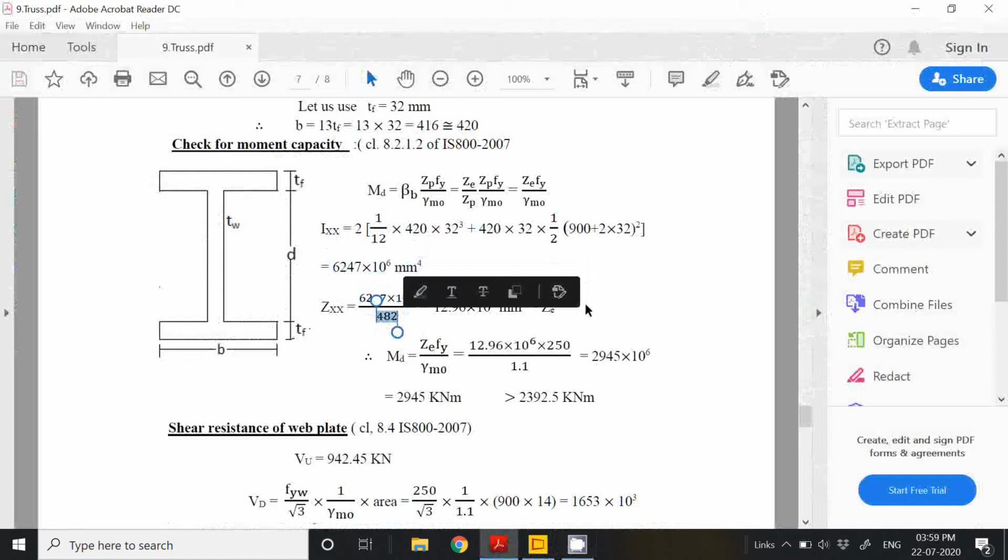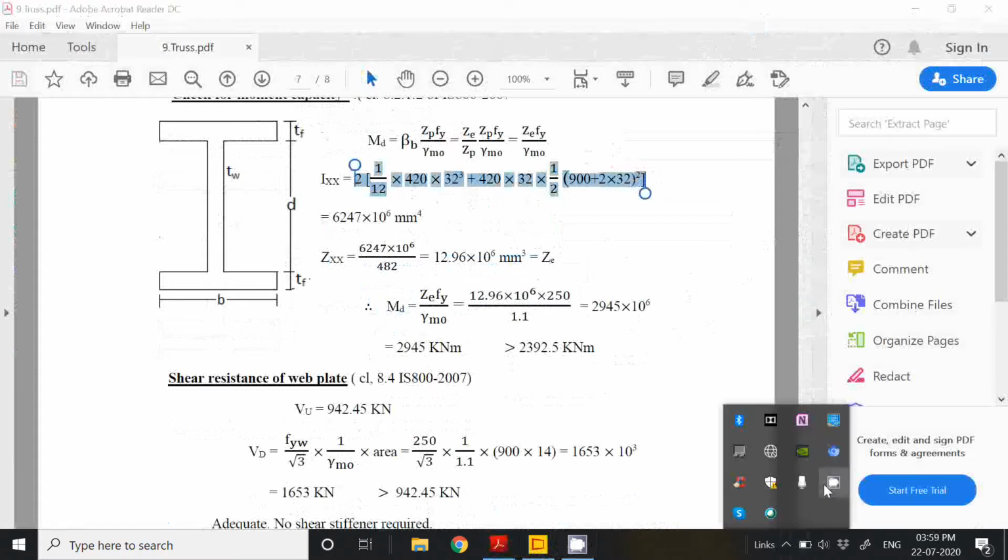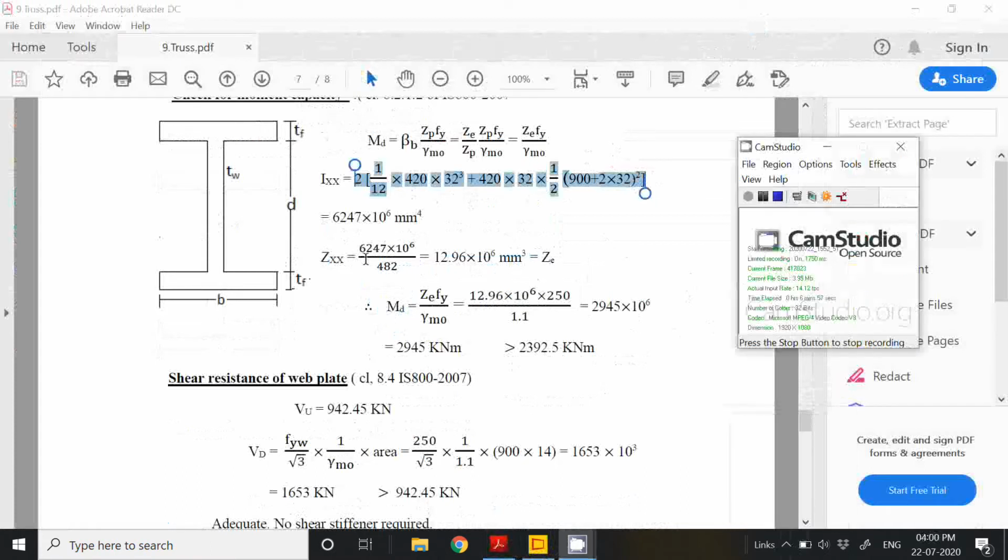Ultimately y by 2, this is y by 2, and ultimately you will get Zx equal to 12.96. You will get a little bit different here because this calculation you please check once. This one is y by 2.